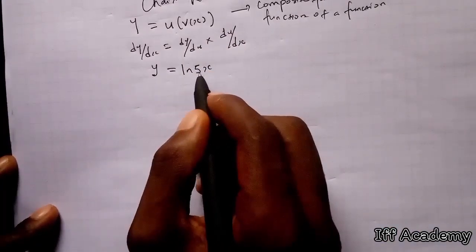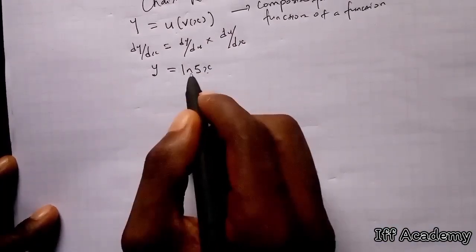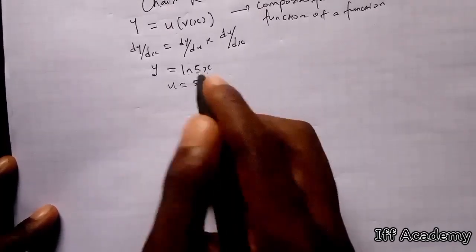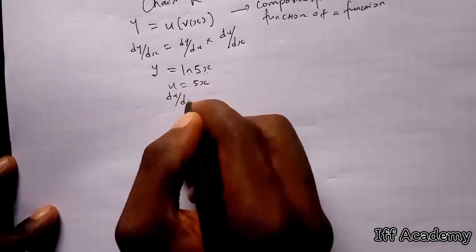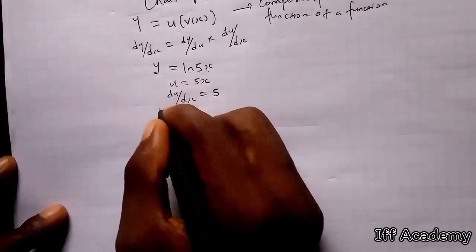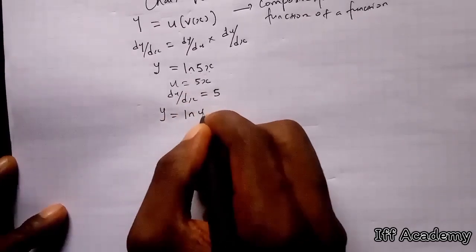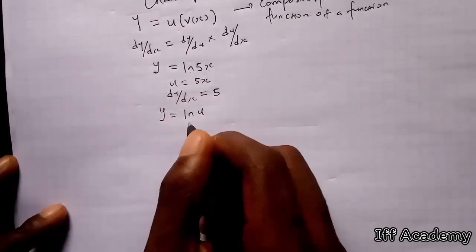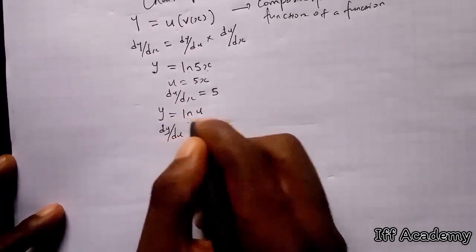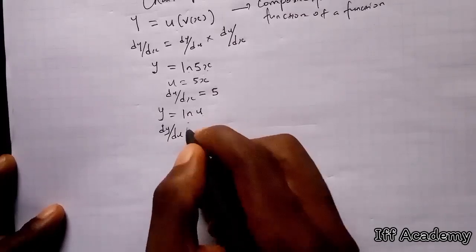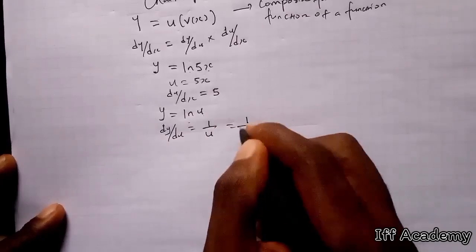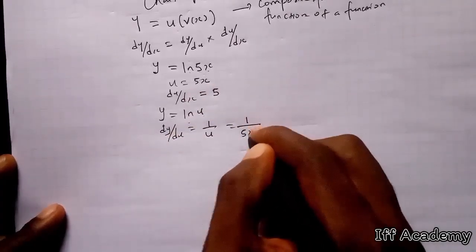so we're having a function 5x inside what? Ln u. So u becomes what? 5x, right? So du over dx is what? 5. And then y now becomes ln u. So the derivative of ln u will be what? That's your dy over du. That's differentiating y with respect to u gives you what? 1 over u. And then this gives you 1 over 5x.